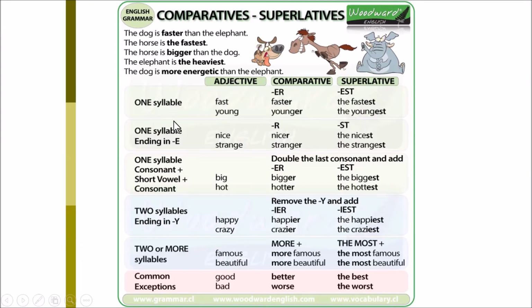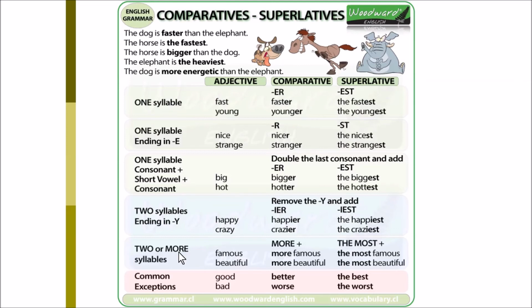So it has 1 syllable, you just add to the comparative er and to the superlative est. 1 syllable ending in e, you just add r and st because you already have the letter e. 1 syllable that ends in consonant, vowel, consonant, you double the last consonant, and you add er and est. 2 syllables ending in y as happy or crazy, you just drop, you erase or remove the letter y and you add ier and iest.